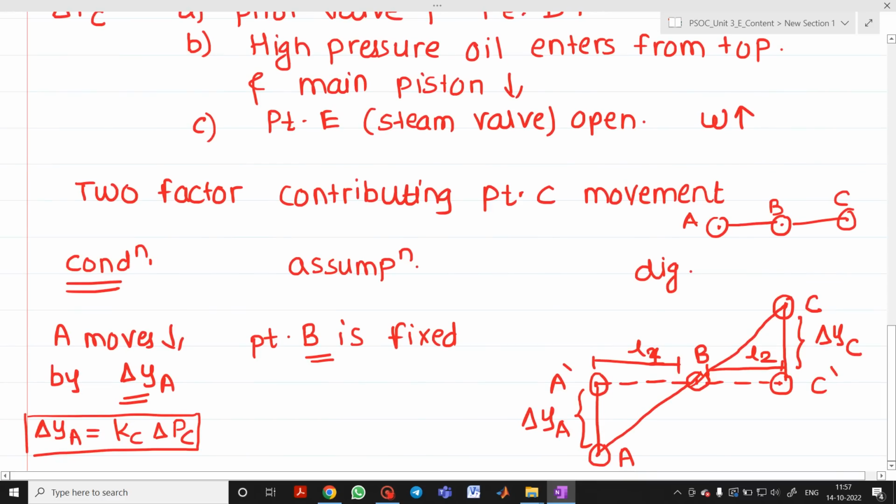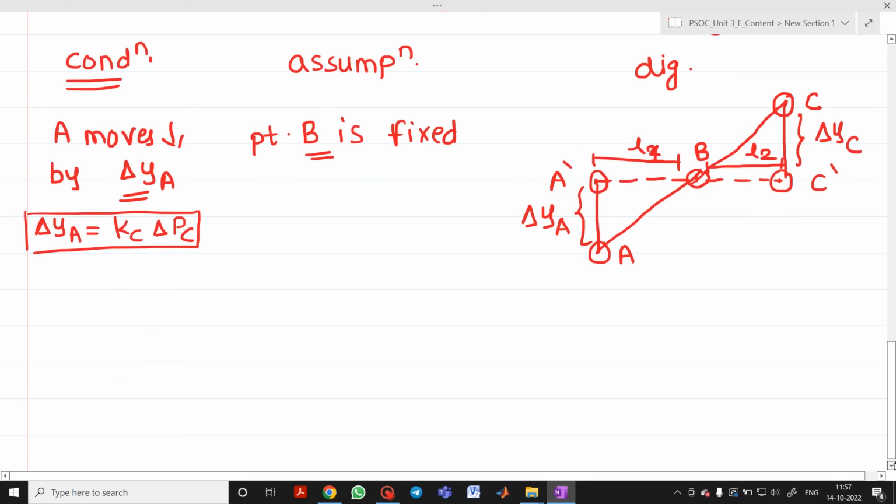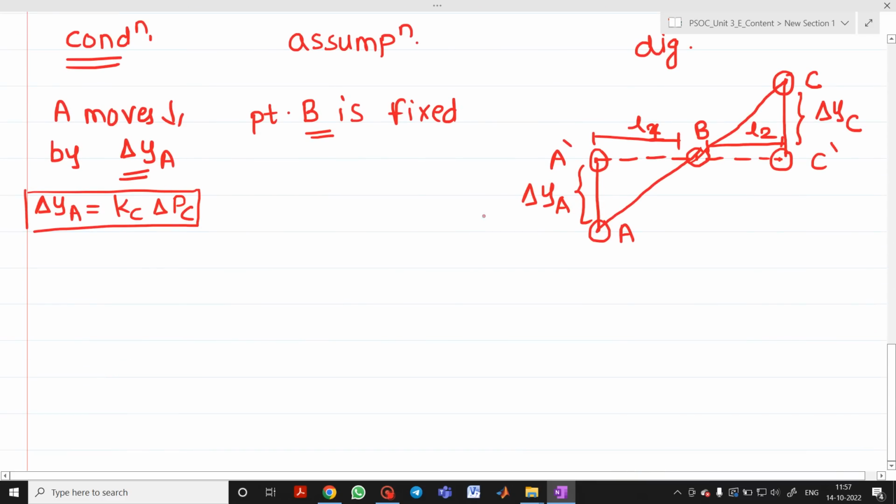So from the diagram we have drawn, now let me take the triangles. The first triangle I will take as A dash and B. Similarly, can I take the other triangle also? As I started from A, then A dash, then B, the next triangle will start from C, C dash and B.